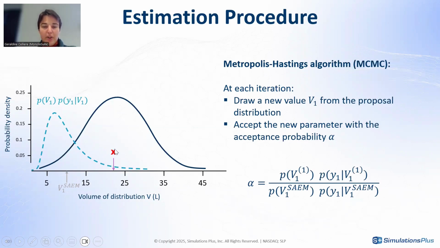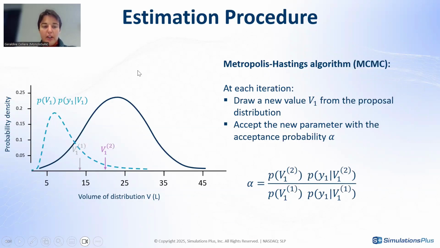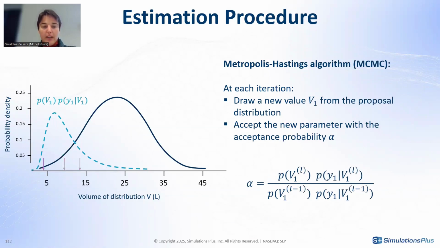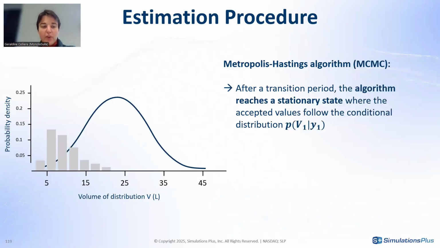So the first sample is rejected, for instance. Then I try a new one that is rejected again. I try a new one. This one is accepted. So that will constitute my first sample. I try again, rejected, try, accepted, etc. So I can continue. And so I will really have a sequence of values, some accepted, some rejected.